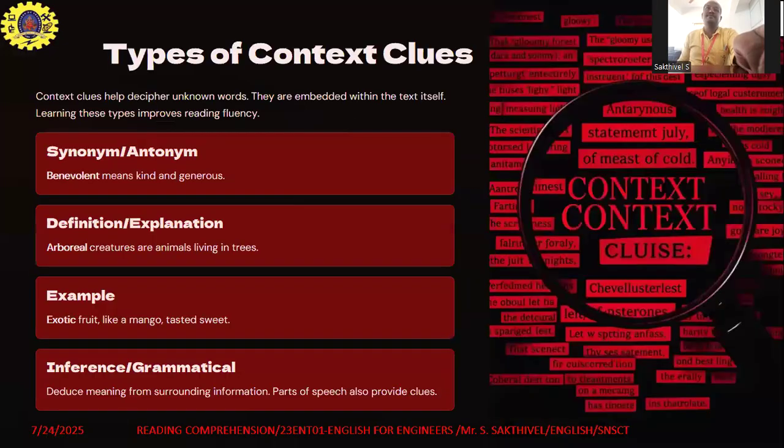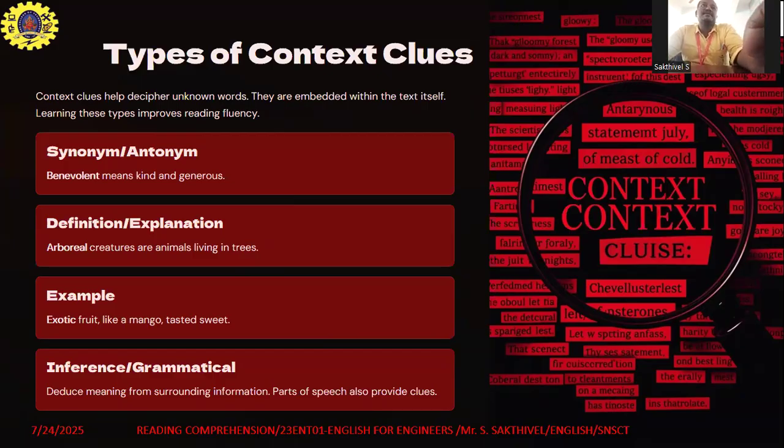Here we are about to continue with the types of context clues. In the previous video, we stopped with the different types of context, like historical, situational, and cognitive. And here, how do these contexts give clues for our understanding and for developing comprehension ability?